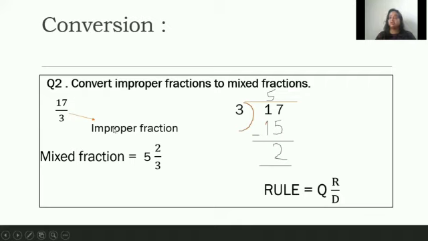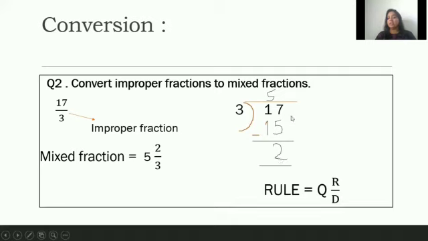This is an improper fraction. Why? Because 17, the numerator, is greater than the denominator. Now what are we supposed to do? We will divide 17 by 3. Write 3 here, 17 here. See, 3 5s are 15. If you subtract, you'll get 2.